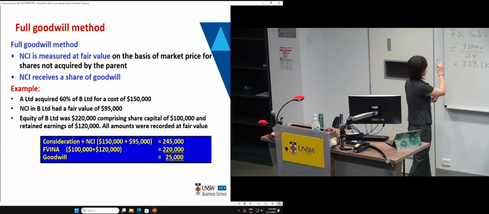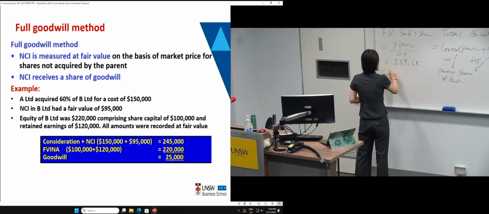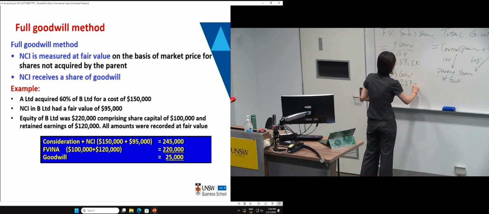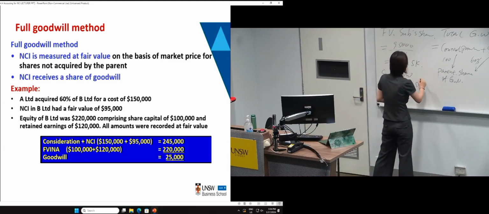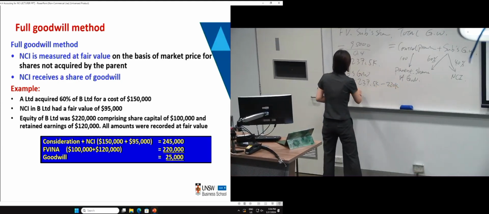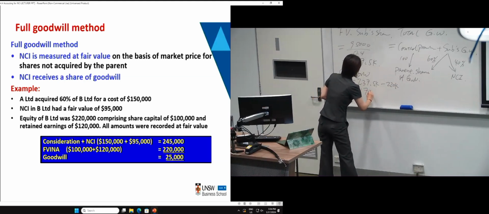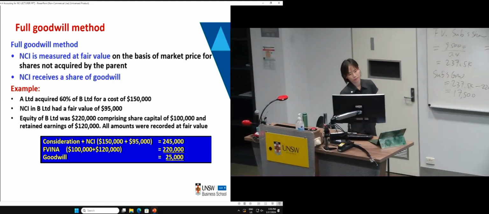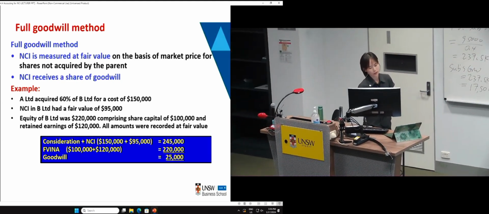So by using the fair value of the subsidiary share, which is 237.5, minus net assets, 220,000, then you will get 17,500. Now this is the subsidiary's goodwill. Okay, this is the subsidiary's goodwill. Now once we know the subsidiary's goodwill, the NCI share of goodwill is readily determinable, right?